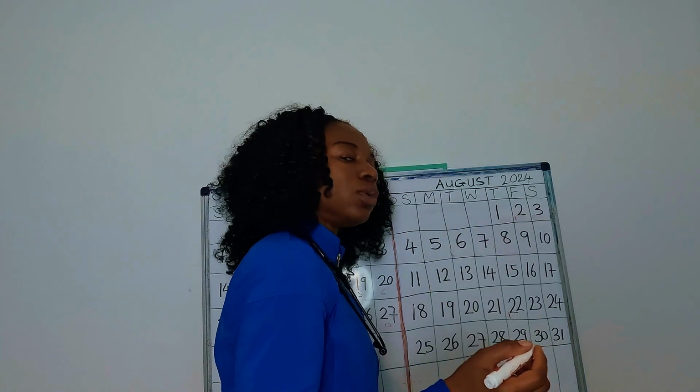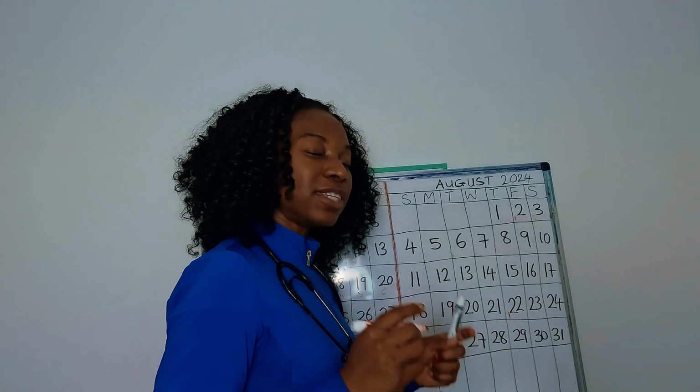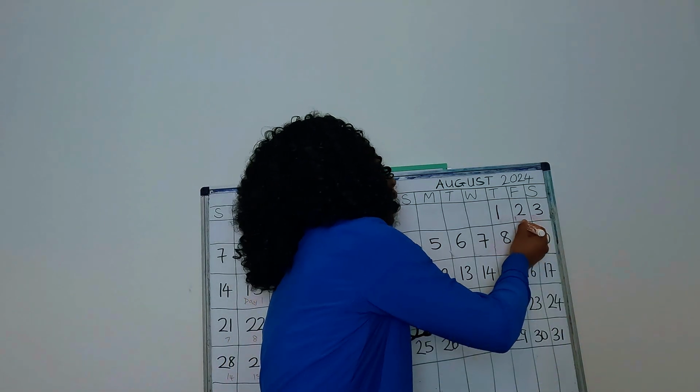Okay, so how to calculate: you start calculating from the 2nd, that is the first day that you start seeing your blood, not in between or any other day. So I will calculate from that day.